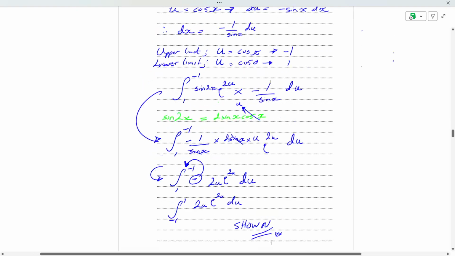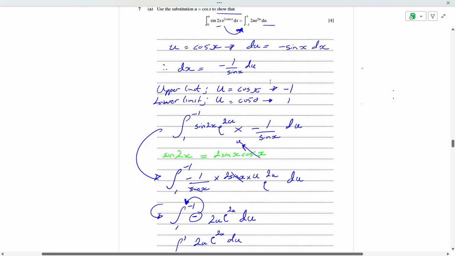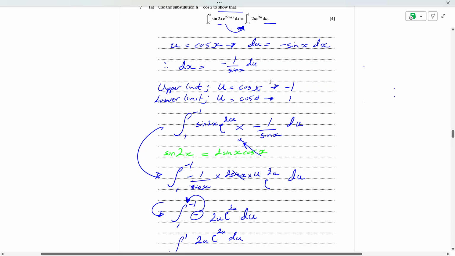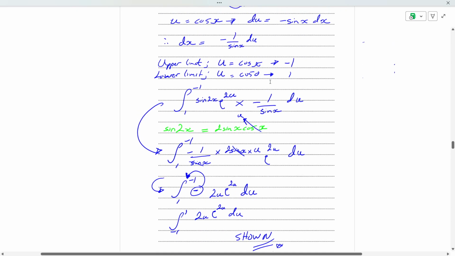If I go back, we've shown that the integral from pi to 0 is equal to that same integral from negative 1 to 1 of 2u e to the 2u du, as you can see.